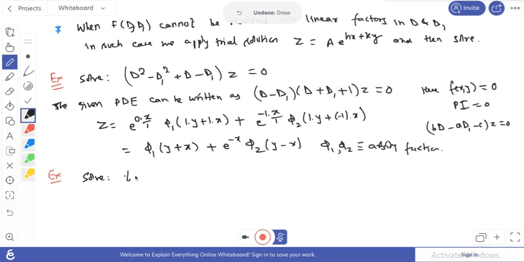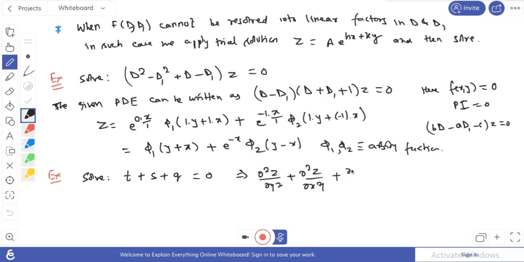Suppose t plus s plus q this equals to 0. This means you can write this is del 2z over del y square. What is s, del 2 over del x del y, and what is q, del z over del y. Either this form or this form. Okay, or else you can write it as d1 square plus d1 plus d1 of z that equals to 0.